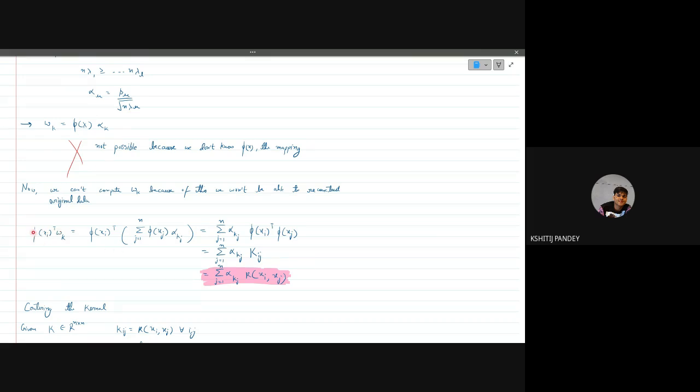So we have to do phi of xi transpose wk, and we can write wk as a linear combination of data points. Simplifying, we get phi xi transpose phi xj, and using the kernel function we get this value, which is nothing but the ij element in the matrix K.